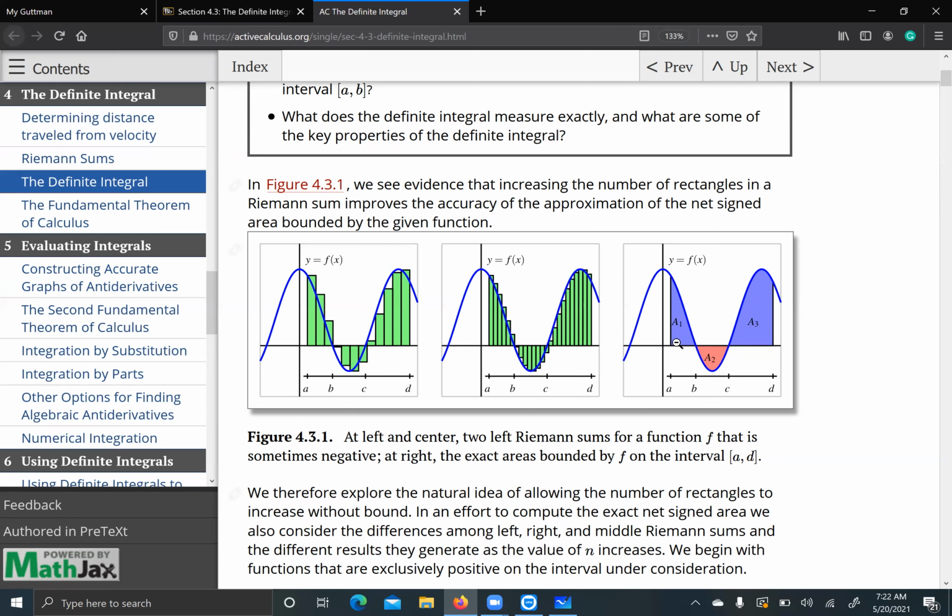So in this picture, A1 has the color of blue or purple, and A2 is pink or orange, something like that. And the reason for different coloring is that A1 shows a region that is above the x-axis, and A2 denotes a region that is under the x-axis.